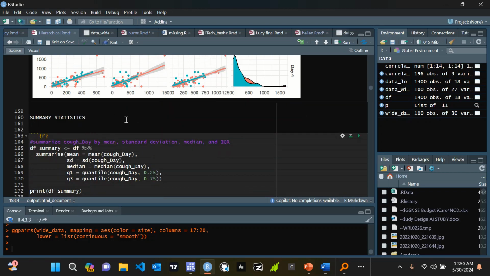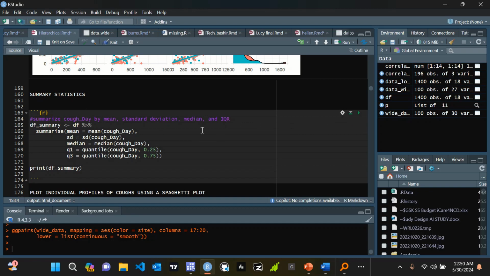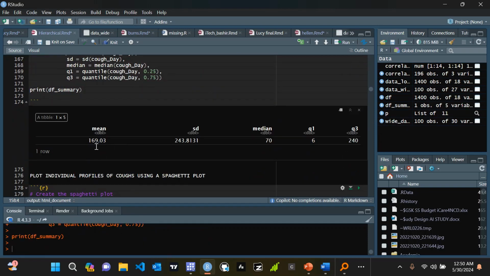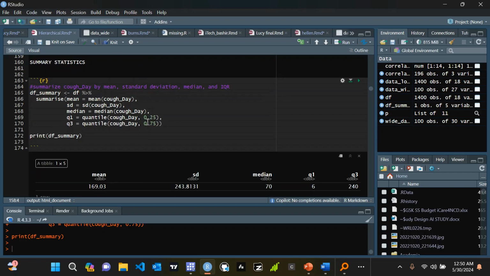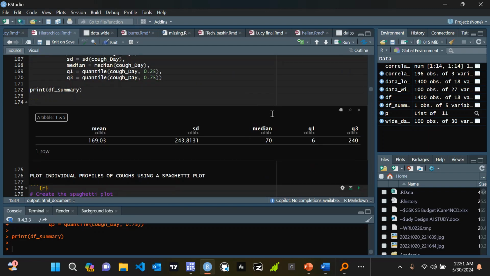So let's also go ahead and look at the summary statistics for our outcome. In order to see if this outcome is normally distributed, we can look at the mean and the standard deviation, and also the median and interquartile ranges. For normally distributed data, the mean is equal to the median, or almost equal to the median.